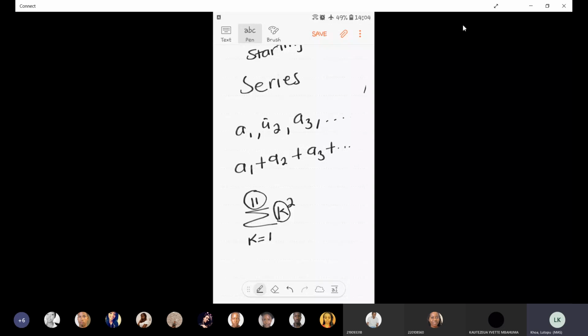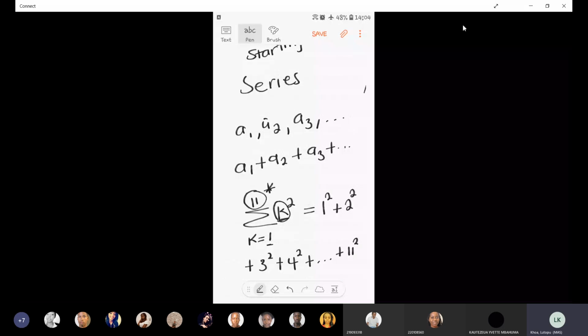So if I want to expand this, what I have is 1 squared, because the k, you substitute the starting point. Then the next number after 1 is 2, so I have 2 squared. Then after 2 squared, I have 3 squared, 4 squared, and then I keep going, and the last one I will write is 11 squared, my end point over there.